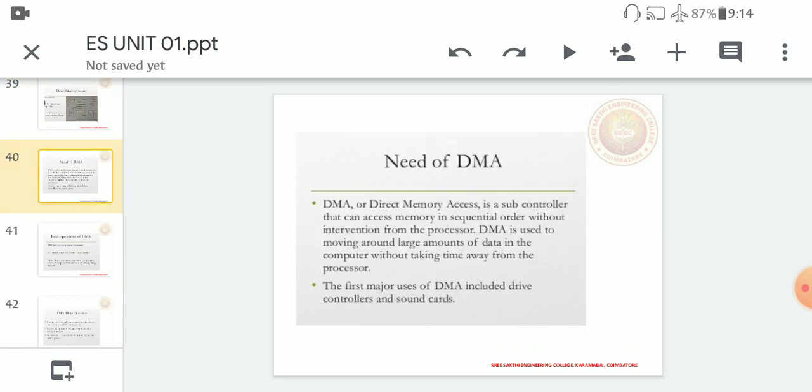So why is DMA needed? To reduce the timing, the controller can access the memory in sequential order without intervention from the processor, because every time if we are using the processor, it may go and fetch, go and fetch, go and fetch. For example, it takes some time to open an application.